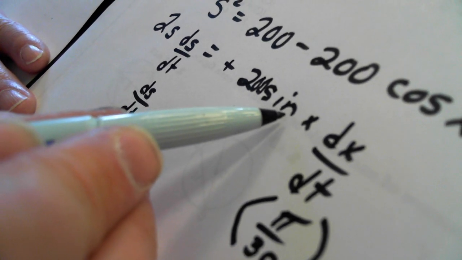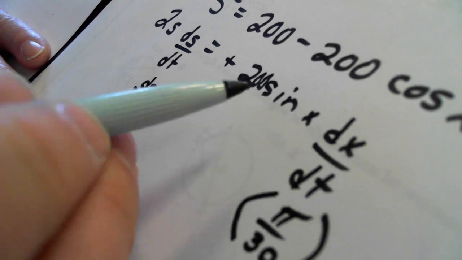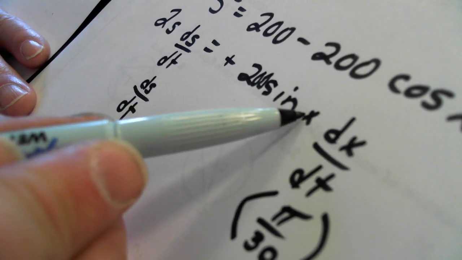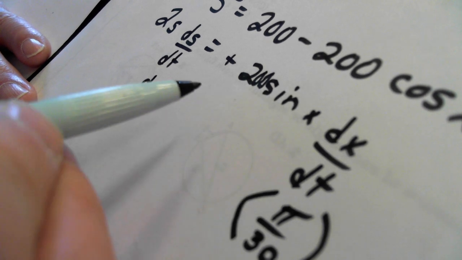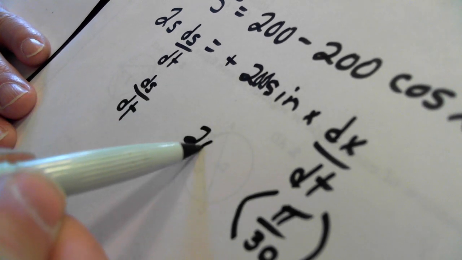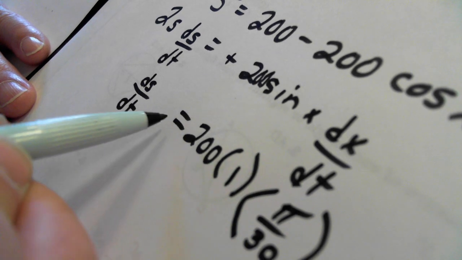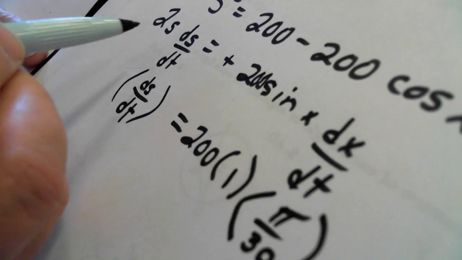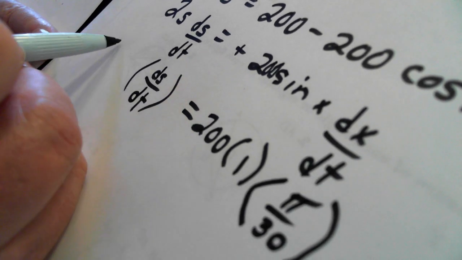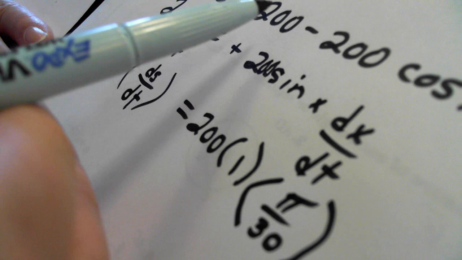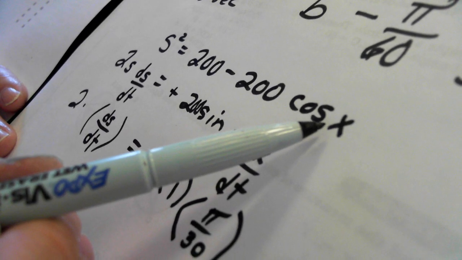They want to know this at the moment that x is pi halves. What's the sine of pi halves? 1. So we have 200 times 1 over here on the right side. And what is s at the moment we're talking about? Well, we could get that from this equation.